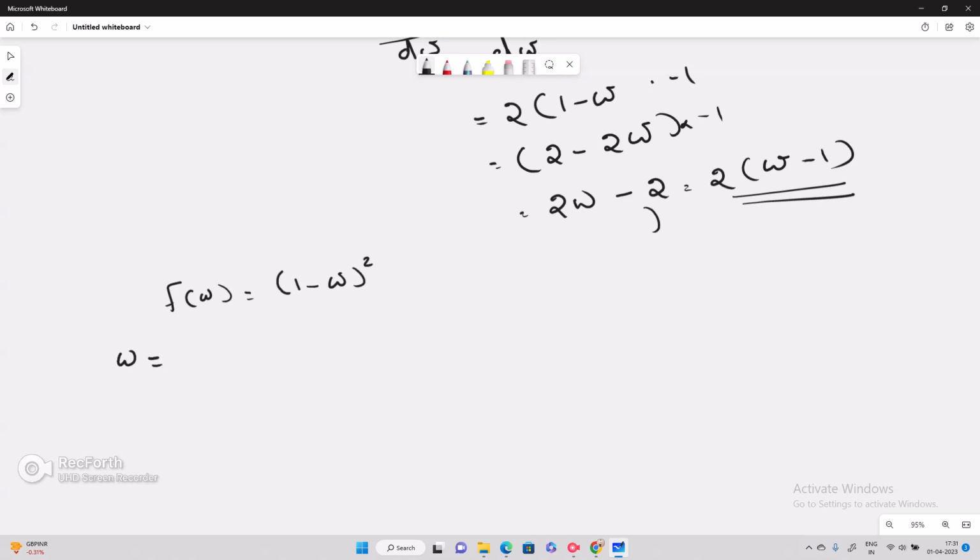In that case, this will be 1 minus 1 all squared, which is equal to 0. Now consider W is equal to 2. Here this will be 1 minus 2 all squared, which is minus 1 squared, equal to 1.